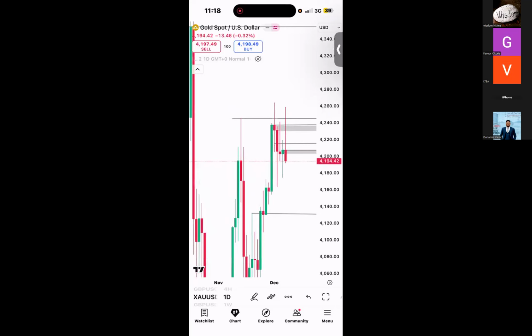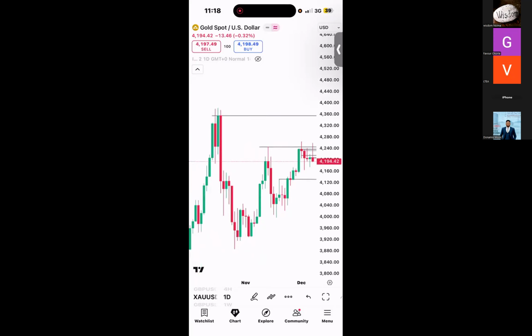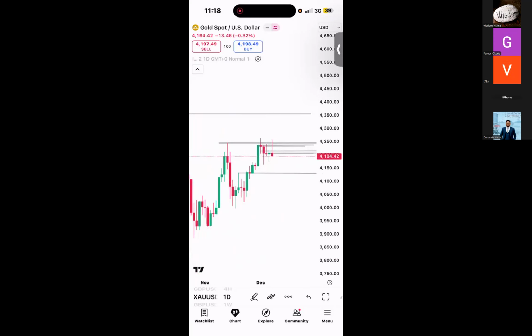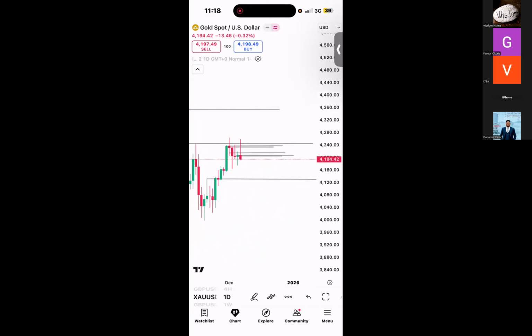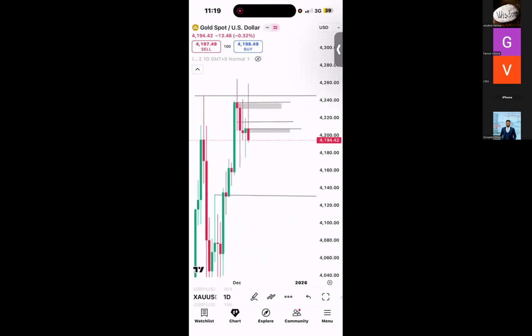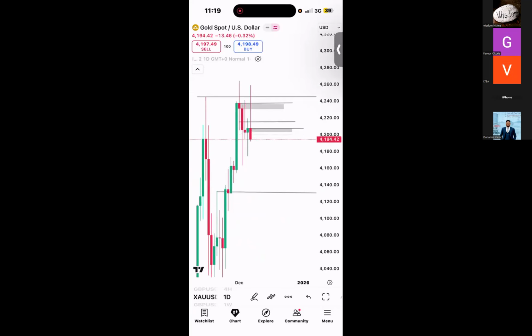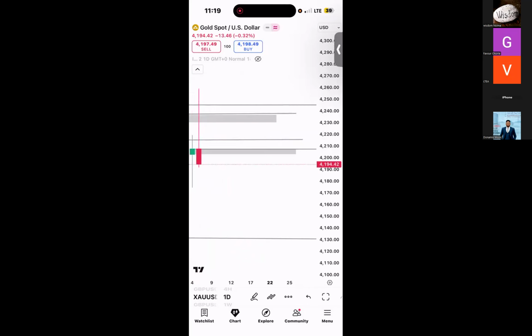So now, let's say there is no order block here. And again, there is no breaker, no mitigation, no fair value gap. So, which point of interest do you know as a trader that you can use to catch a trade from here? This is what I'm trying to explain to you guys.